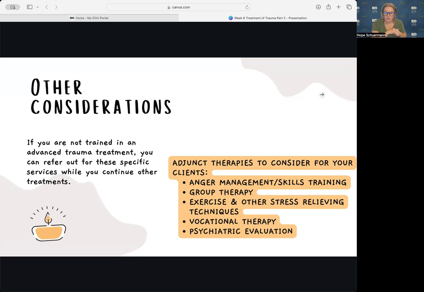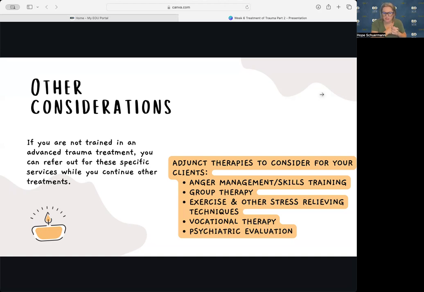You may refer someone to group when they're seeing you once a month for individual or something like that. Group counseling has really good research behind its effectiveness, almost as effective as individual therapy. And of course, it's very normalizing for the client to see other people who are struggling with similar issues.